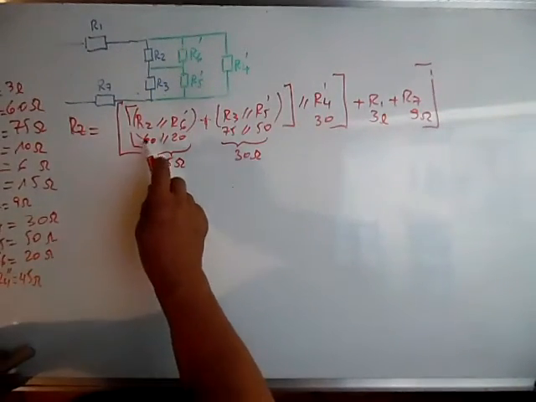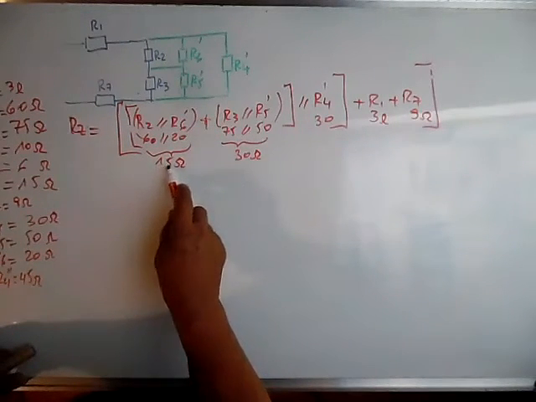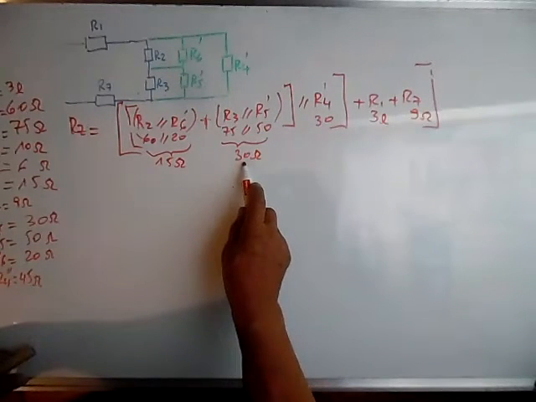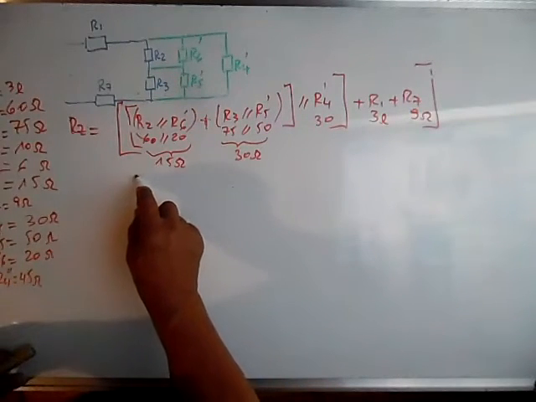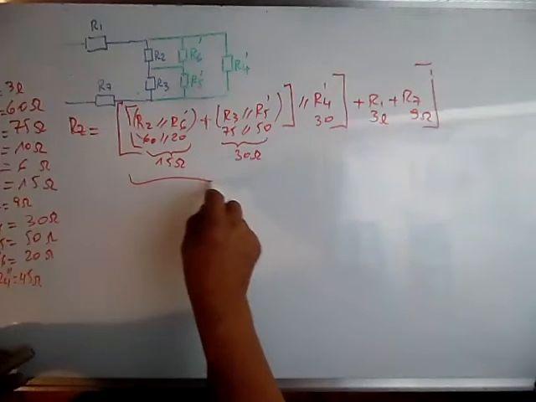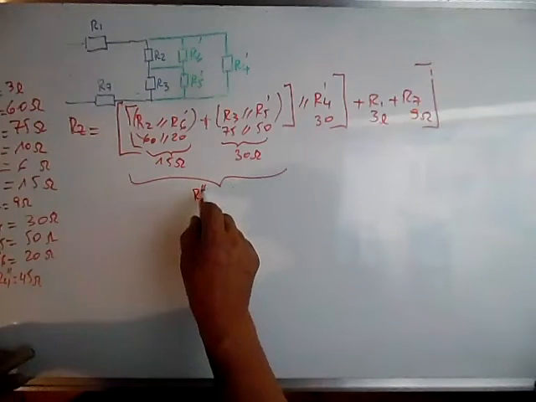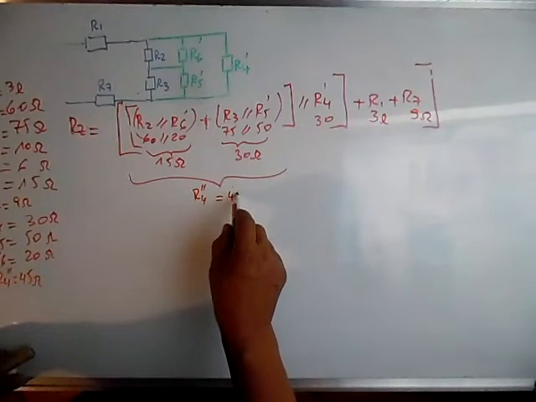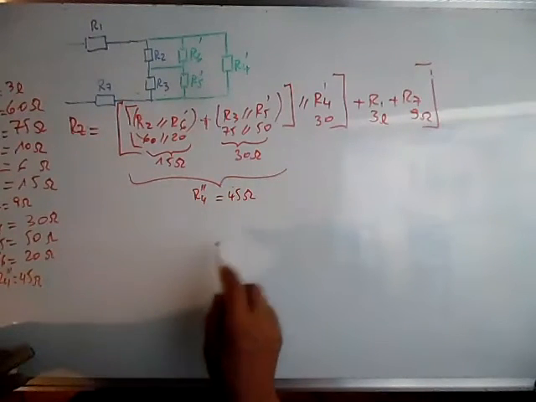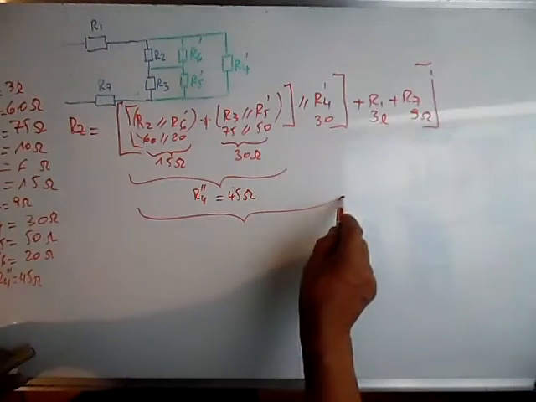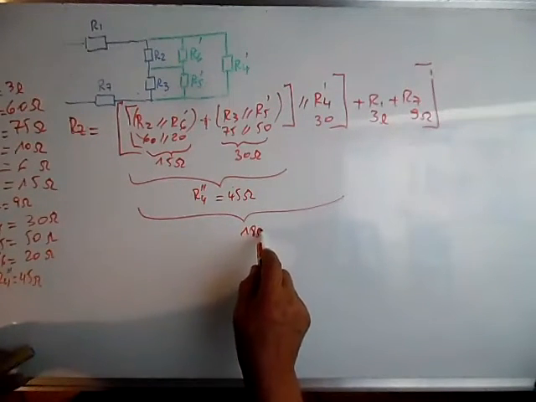So here 60, 20 in parallel gives 15 ohms. This in parallel with this, 75, 50 gives 30. And if we do the sum of these two, let's call it R4 second. This is 45 ohms, and adding these two will give us 18 ohms.